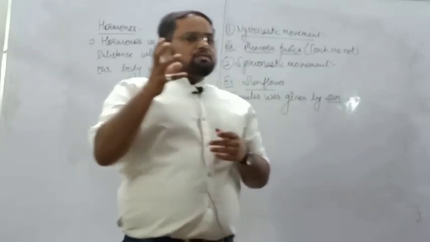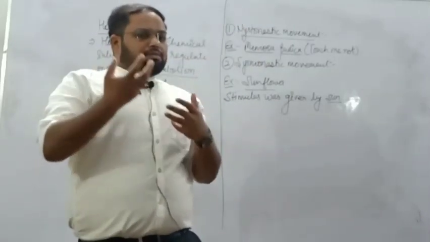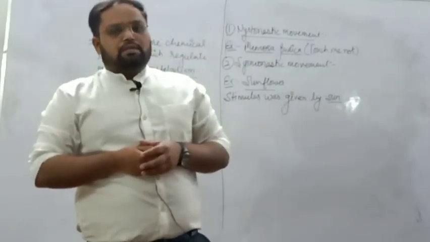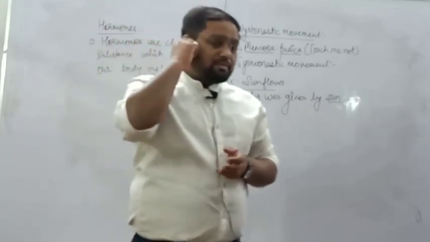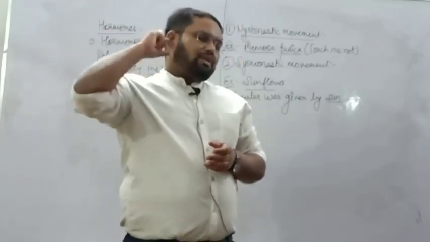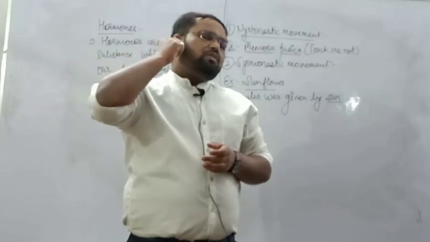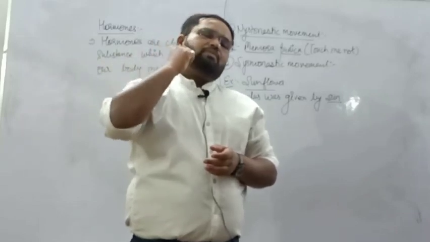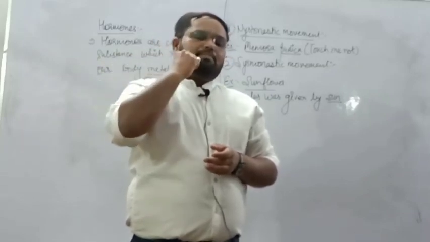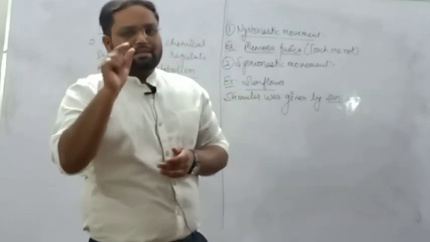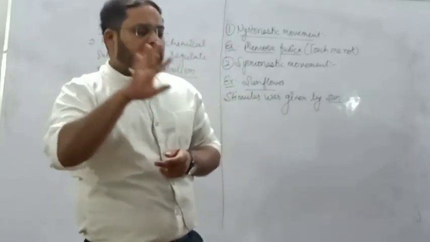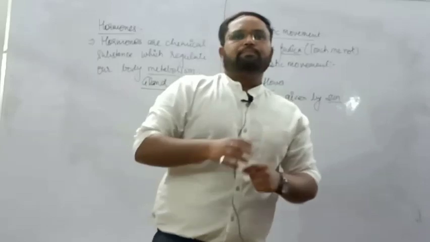So the question arises, how does it secrete the saliva, because the gland is here? Suppose the gland is here, so one pipe is there. That pipe is called what? Duct. First thing is clear.